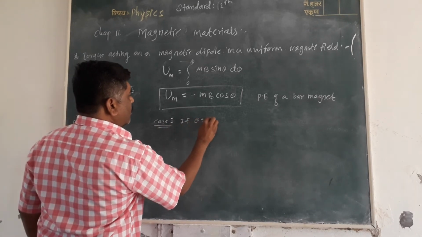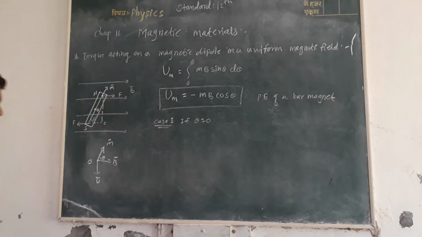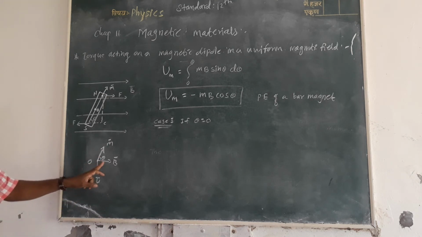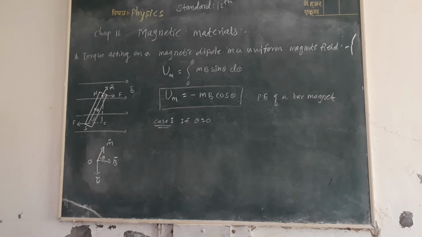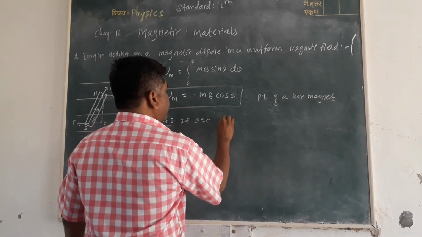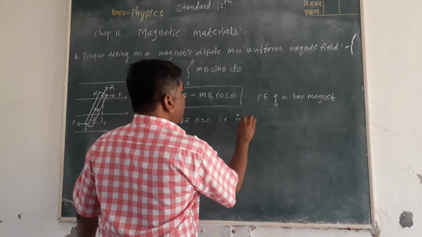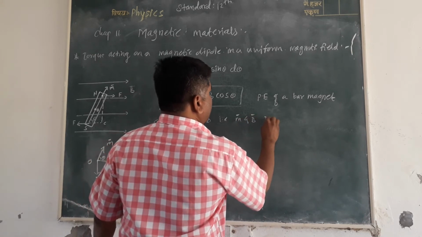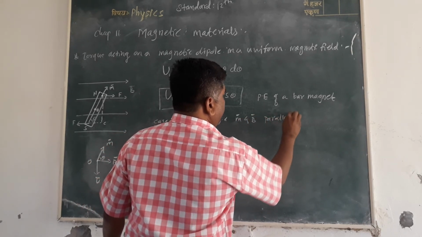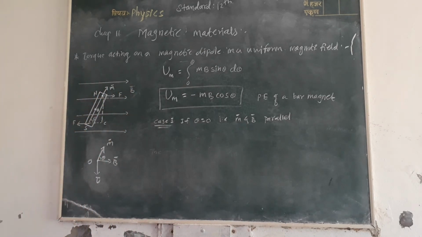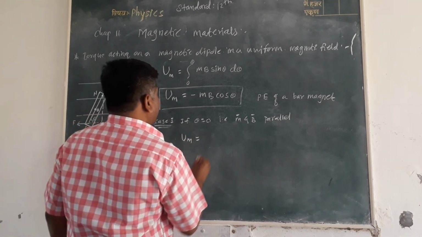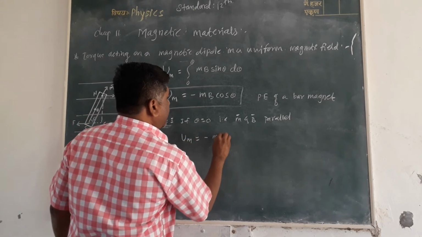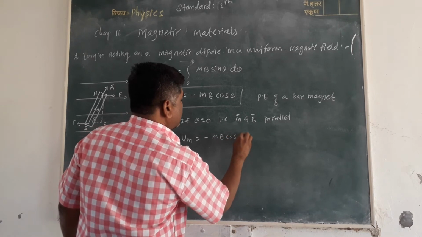If theta is equal to 0, the direction of M bar and B bar is the same, that is, M bar and B bar are parallel to each other, then the value of UM is equal to minus MB cos 0.